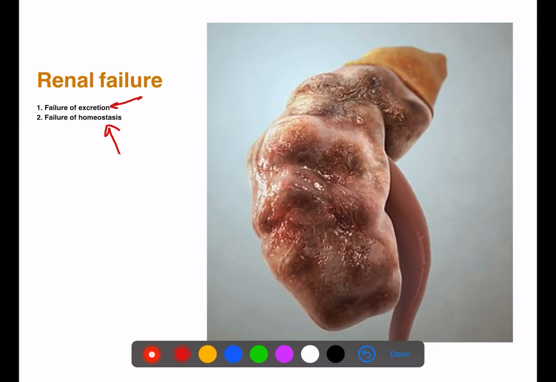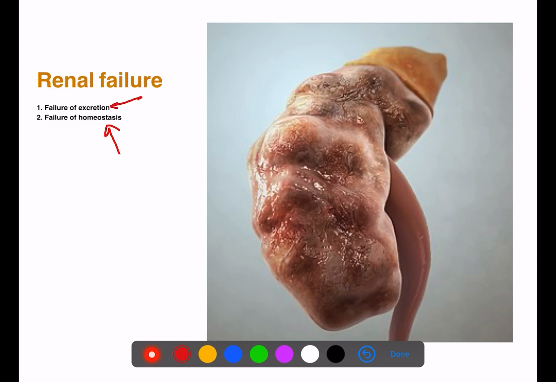Failure of the kidney occurs when there is a fall in kidney function, or a reduction of functional nephrons to a third, or a fall to a quarter of functional nephrons. What does that mean?